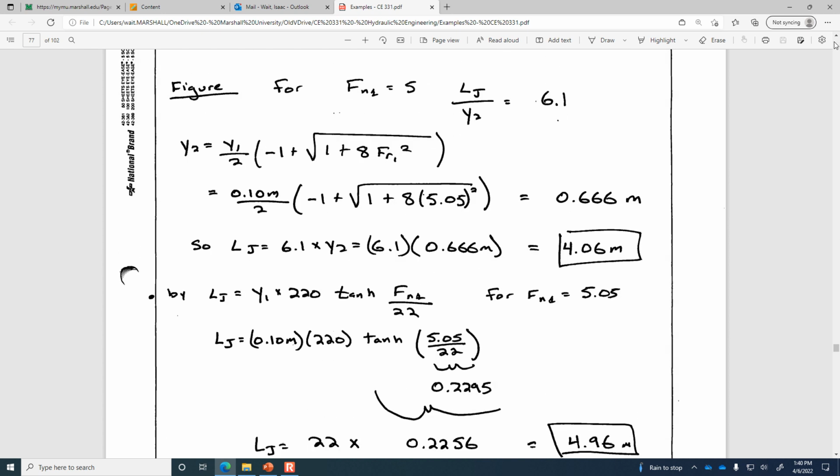So according to the second method, it suggests that the length of the jump will be 4.96 meters.